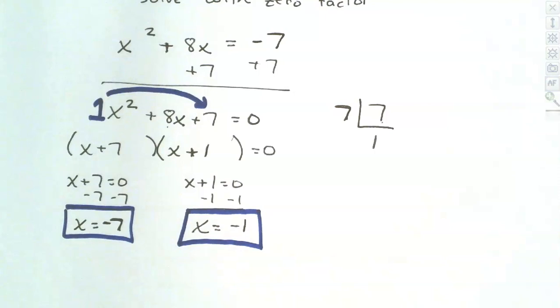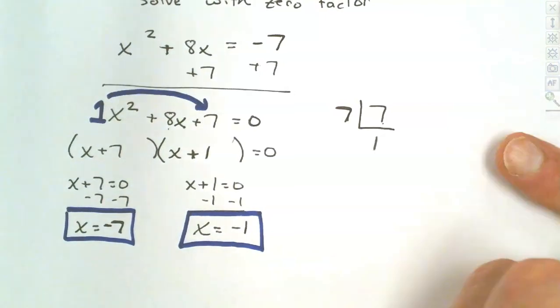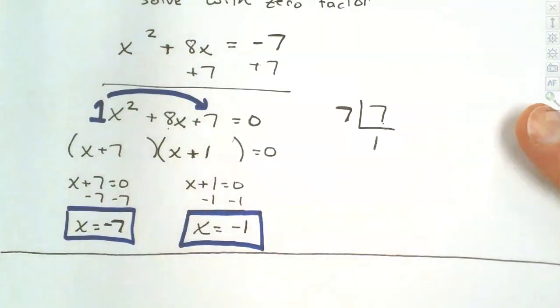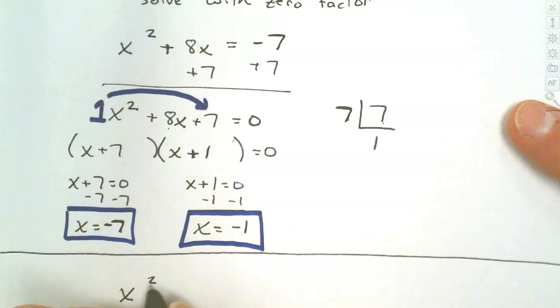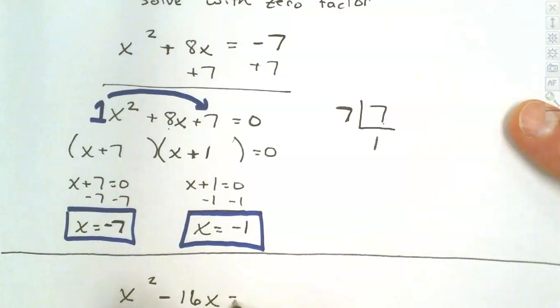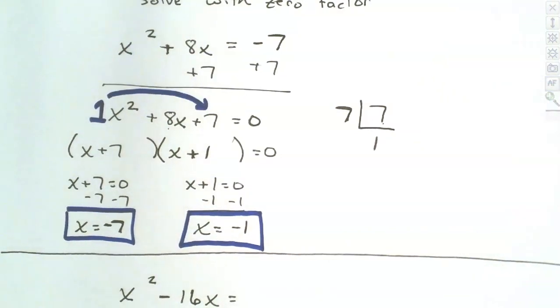Next, we'll try a little bit more complicated one. How about we try to solve with zero factor again? About x squared, we'll do a minus 16x, and that equals then, let's see.